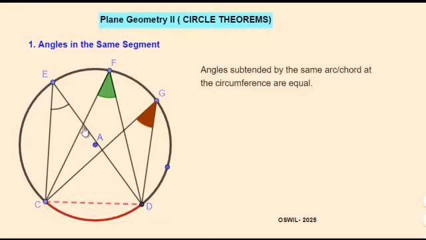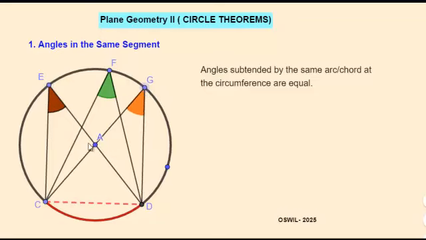Now, I am going to move some of the angles for you to see. Let me place one of the lines of these angles on the center. So you see that one of the lines of angle CED is passing through the center. I can even do the same to this.